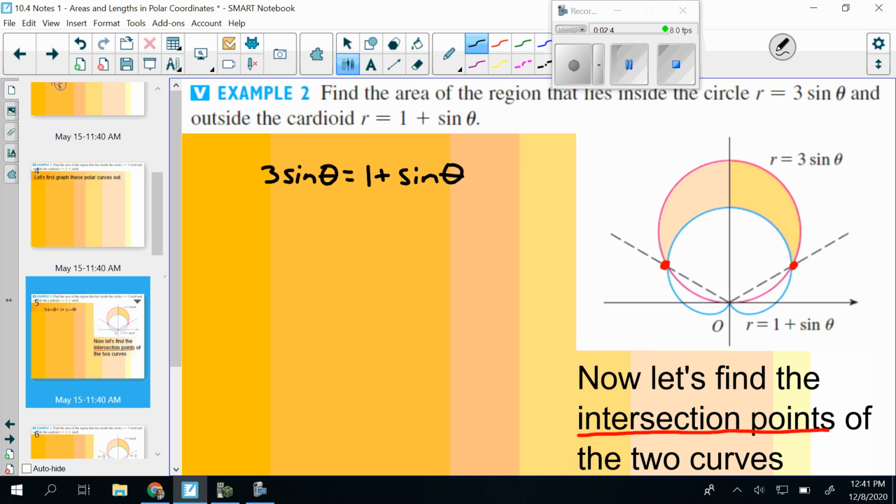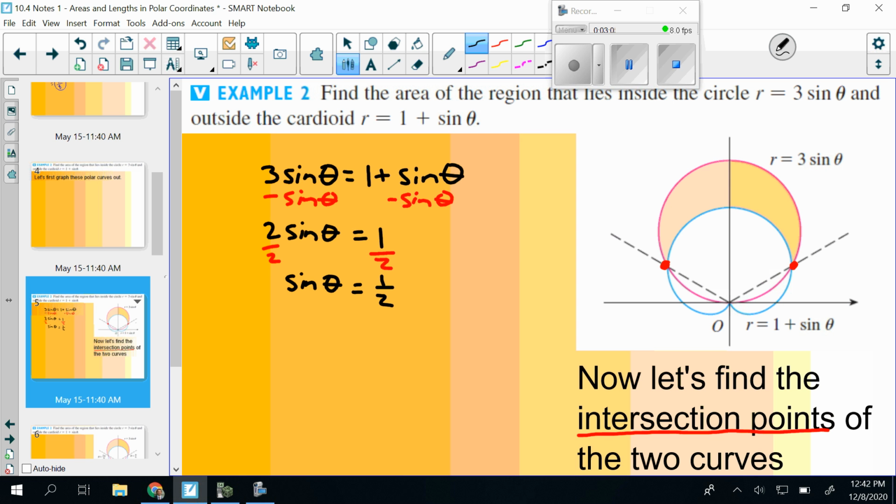Let's subtract sine theta to the other side, subtracting from another like term. So 3 sine theta minus 1 sine theta is going to be 2 sine theta equal to 1. Let's divide by 2 here. So now, where is sine theta equal to a half?